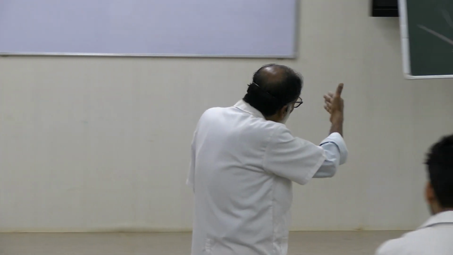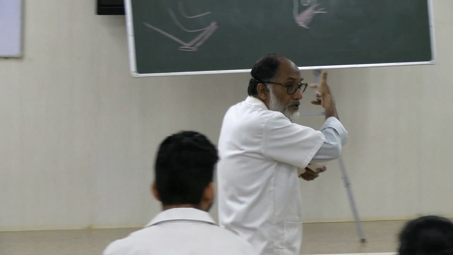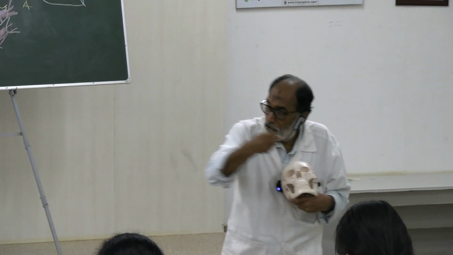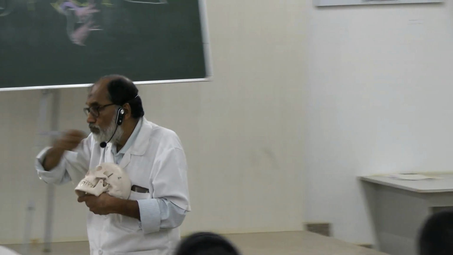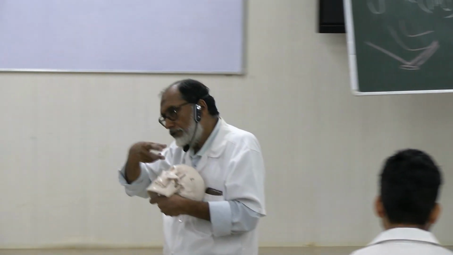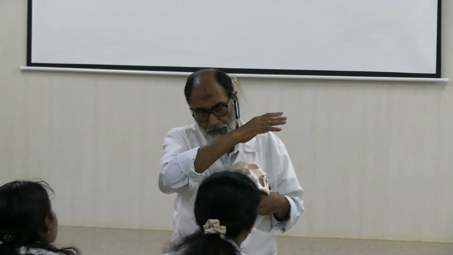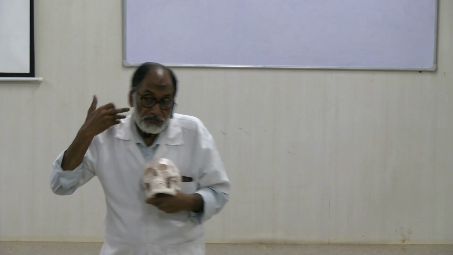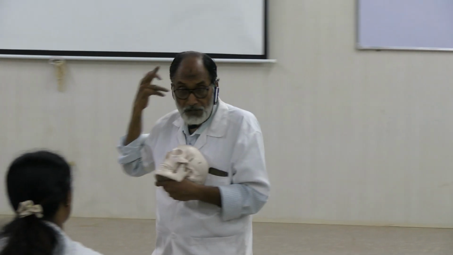Its characteristic is that it blends with the capsule as well as the fibrocartilage articular disc. So when this muscle contracts, it will also pull the articular disc along with it. Posteriorly lies the auriculotemporal nerve.